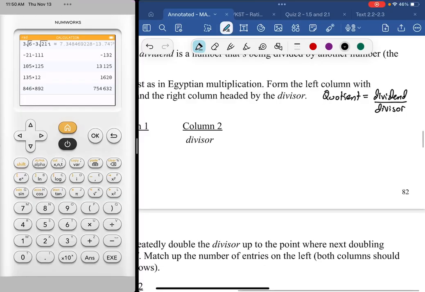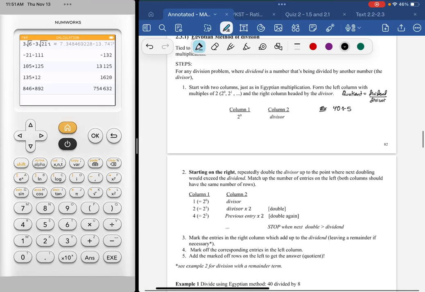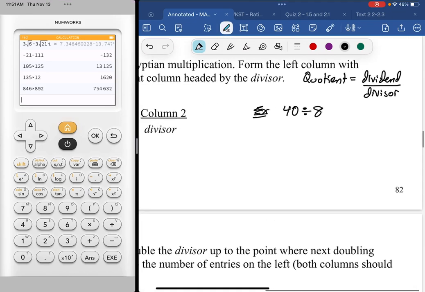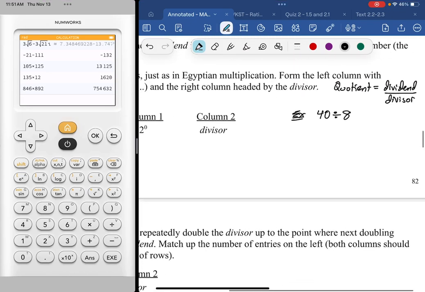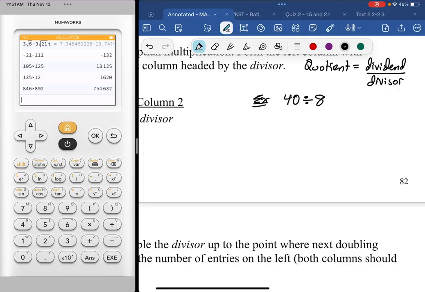So let's say you had something like, and I'm stealing an example that comes later, 40 divided by 5, or rather 40 divided by 8. I guess it would have been fine either way. So we have our two columns. The first column would be the powers of 2.